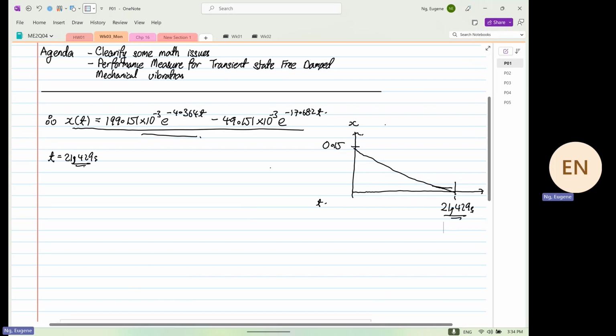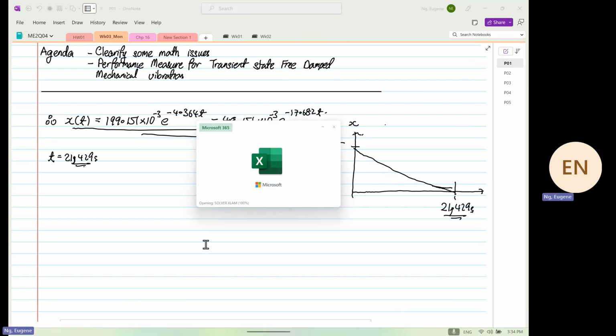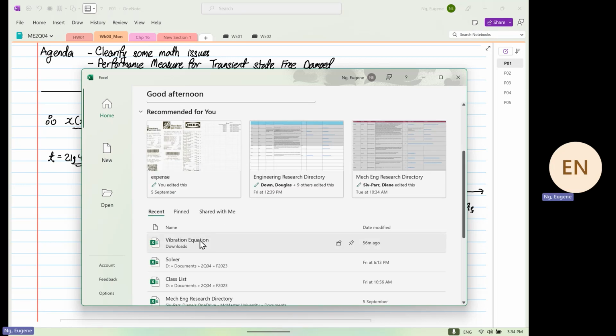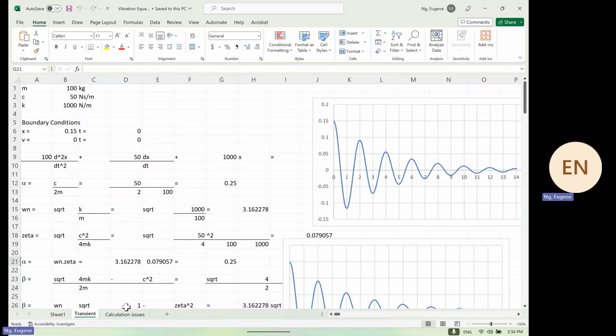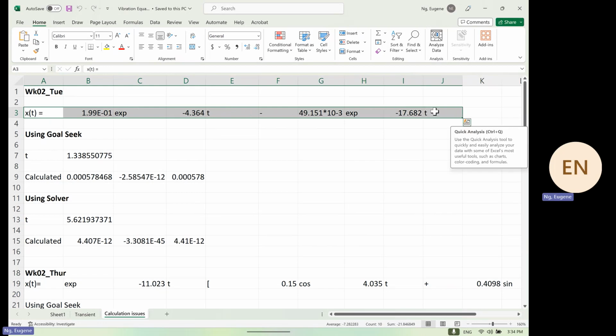So when we use Excel, I'm going to show you. There are 2 ways of calculating this. This is the same expression that we have drawn.